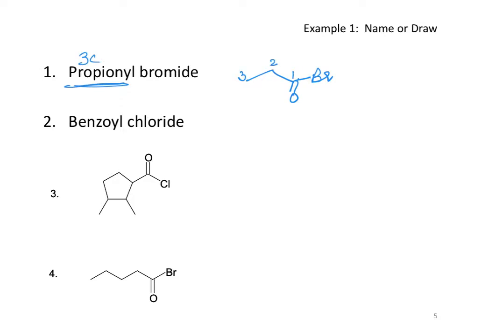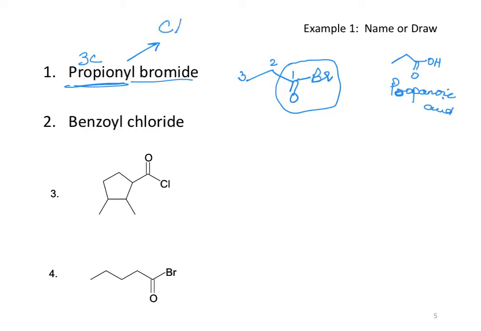Prop means 3 carbons. And the yl bromide tells you it's a terminal functionality which contains the COBr unit. And it's stemming from the corresponding propionic acid or propanoic acid. So I would say propionyl bromide is the more Chemical Abstracts name.